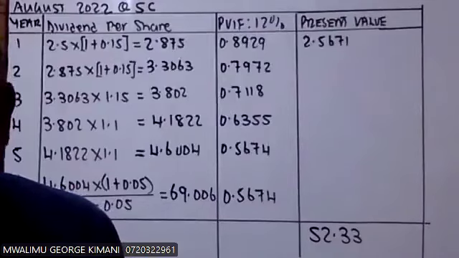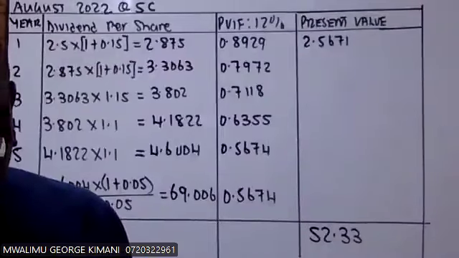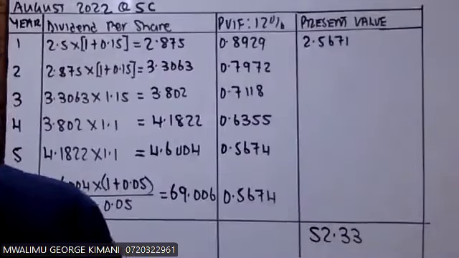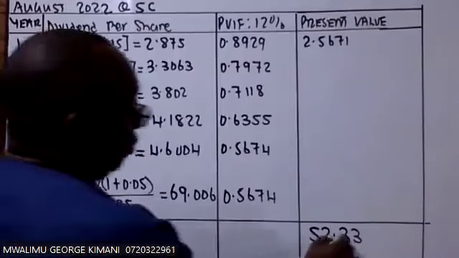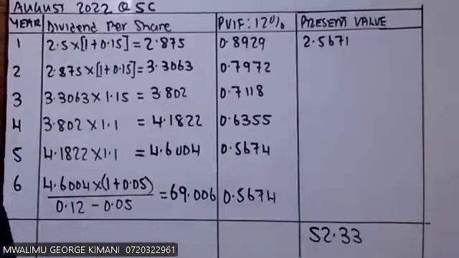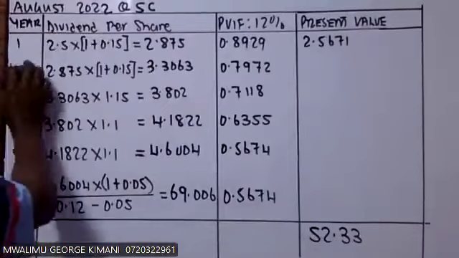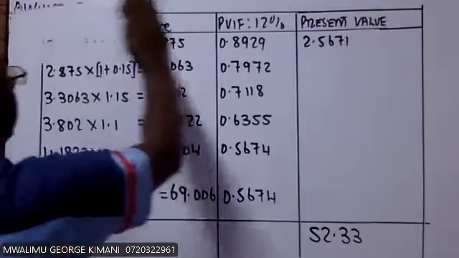Okay. So that is now, down there you see the intrinsic value is 52.33. The intrinsic value per share is 52.33.